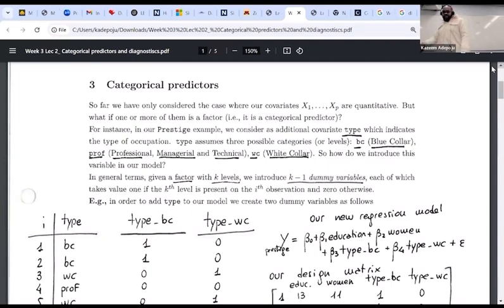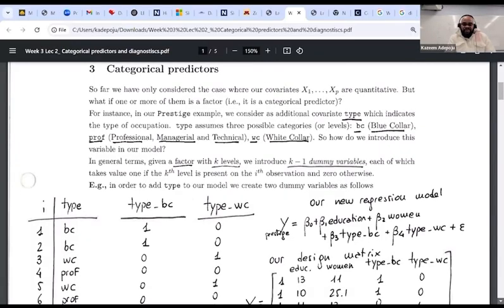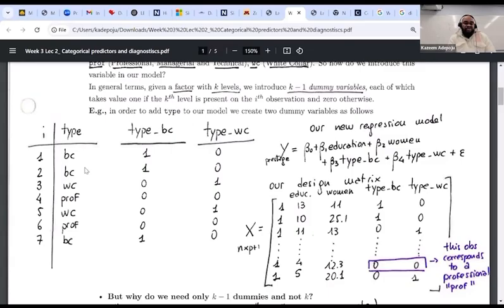Now, I give an example here where we have a categorical variable with 7 levels. But at the end of the day, if you take a look at what we have here, you're actually going to see that there are 3 in number: BC, WC, and PROF. How many? 3.